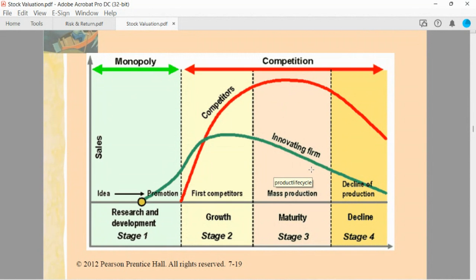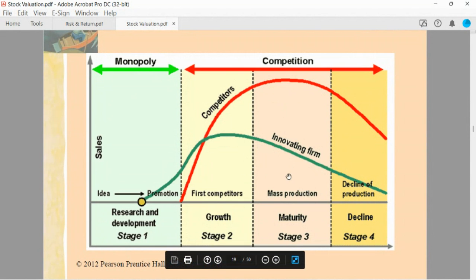So the companies didn't go into decline, the industry didn't go into decline, but those products went into decline.